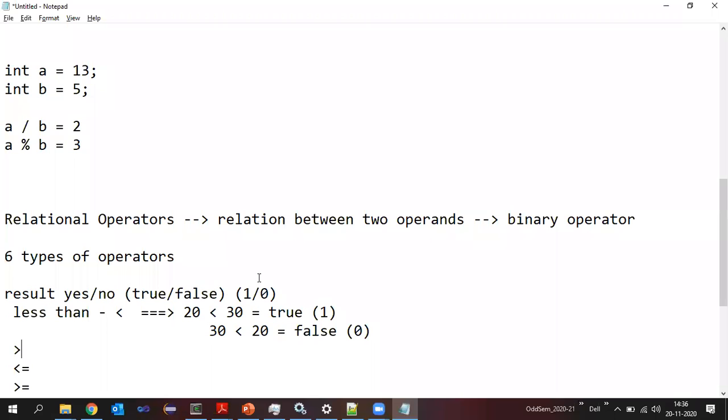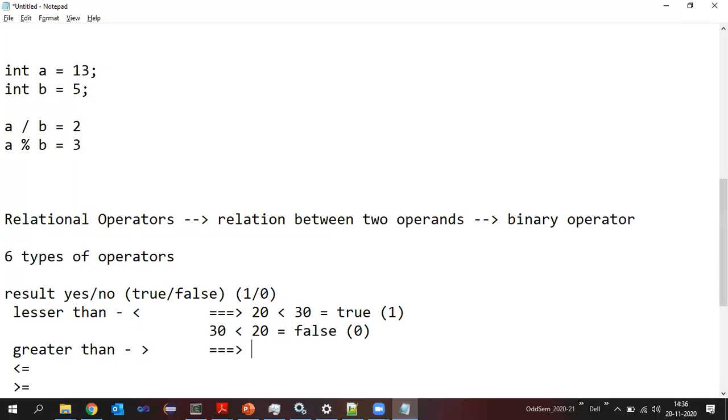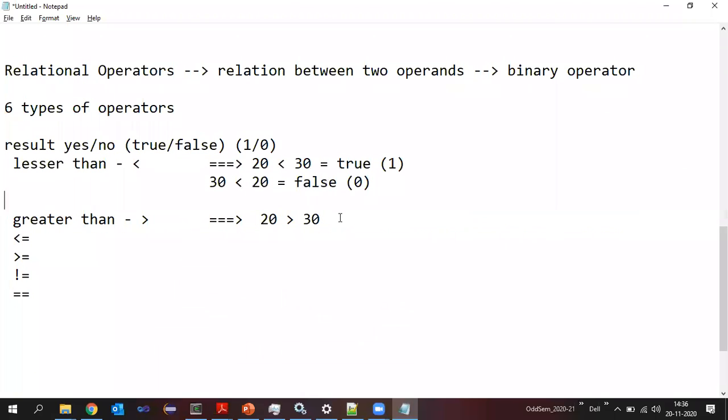Now, what will be the next operator? It is greater than. This is lesser than and this is greater than. The same parameters apply. If I write 20 greater than 30, what is the result here?